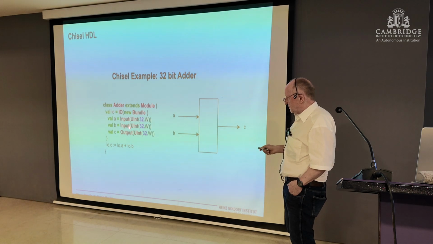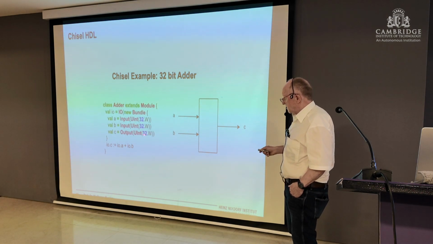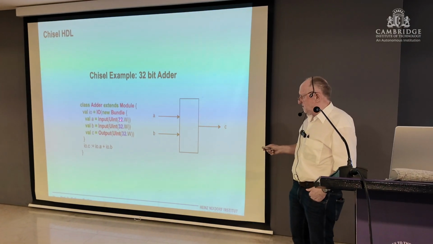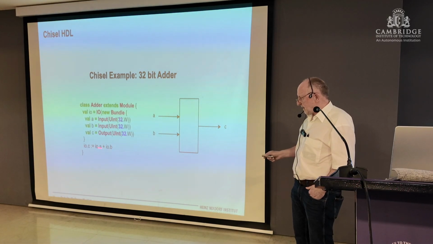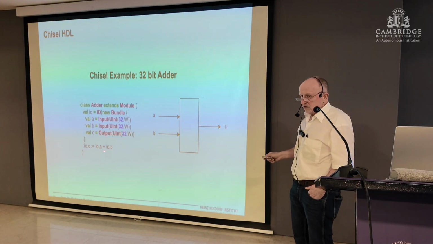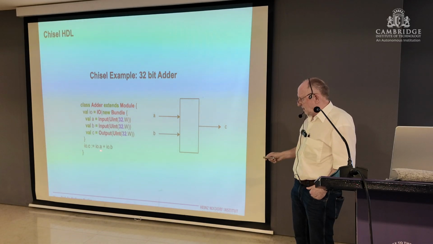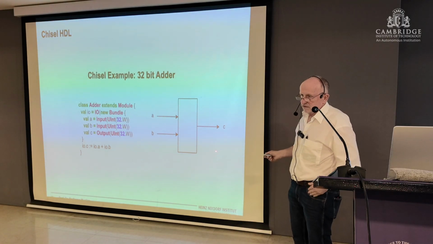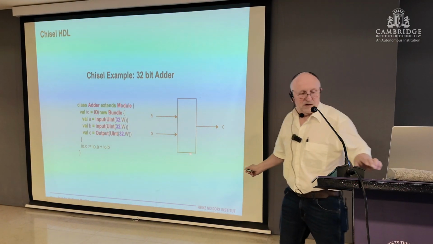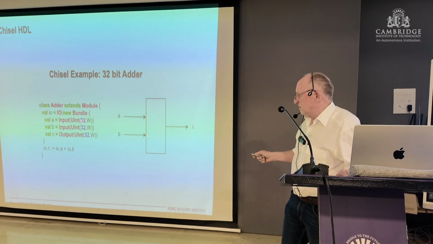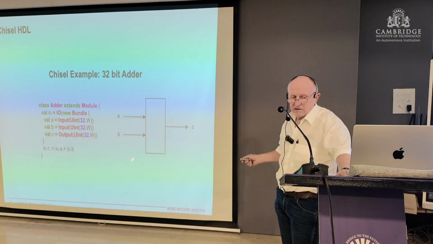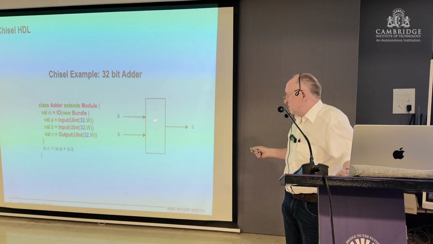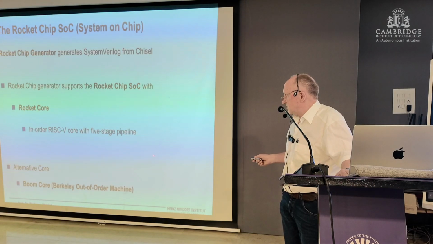Then you have the inputs and the outputs, and you simply define the bit width of these inputs and outputs. Then you have such simple statements: adder is input A plus input B. This makes an adder. Very simple, very scalable, because when you put 64 in, then you have a 64-bit adder. I think you can see the advantages now.